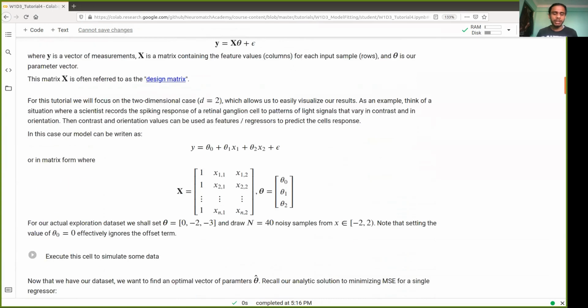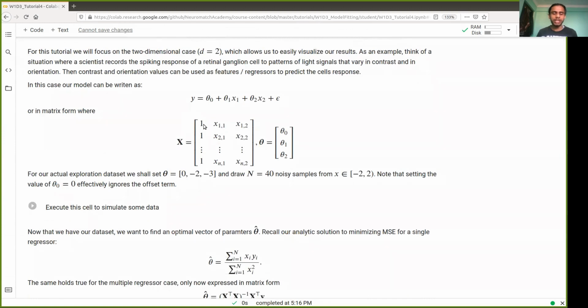So this is the design matrix. Here you can see that before every row we stack a one, right? This is to account for theta naught. So here you can see y equals theta naught plus theta 1 x1. When one gets multiplied with theta naught, it becomes theta naught, and we get this theta naught term, right? So we stack one before every term.